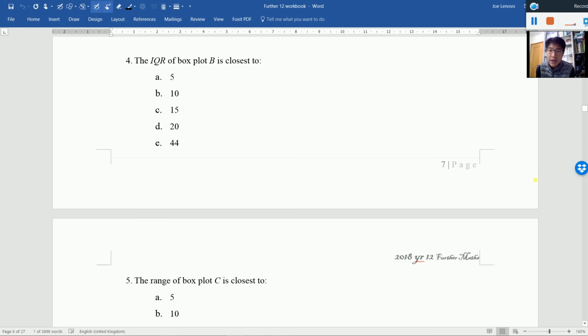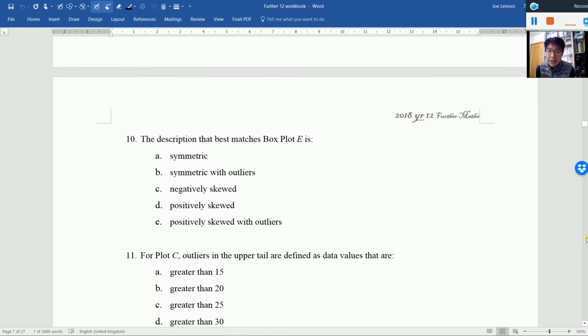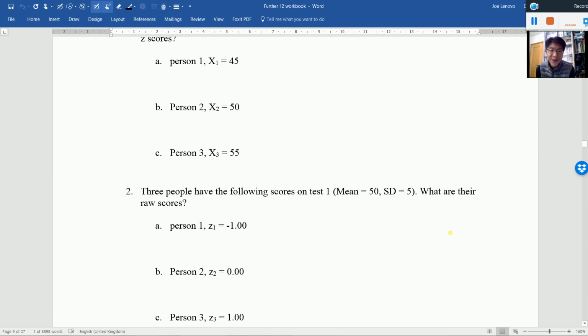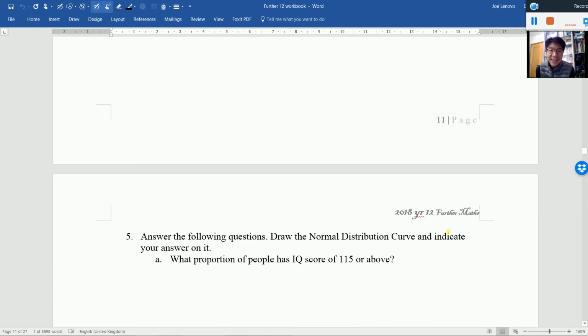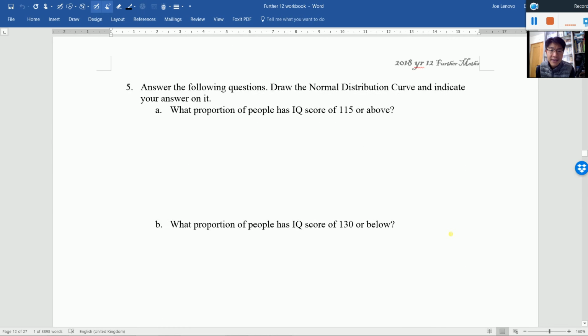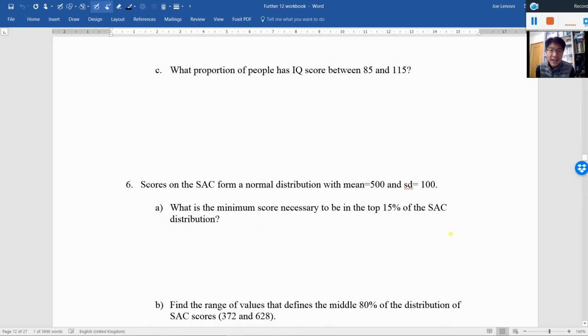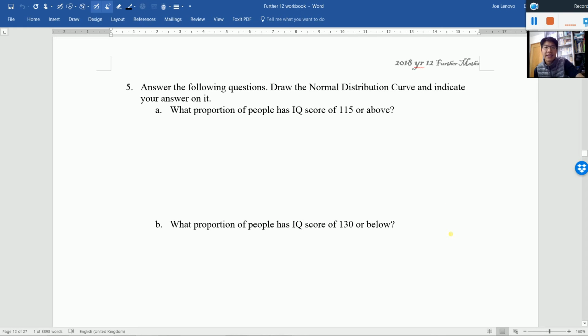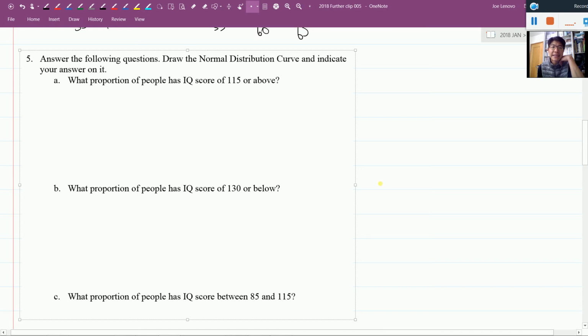Question 5, I can't do that because the questions don't have enough information at all. It seems like I'm missing the information in there. It's okay. Let's try to make this one up. I have to change that here.